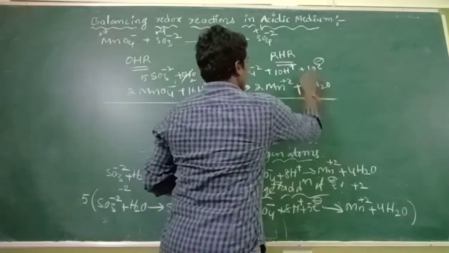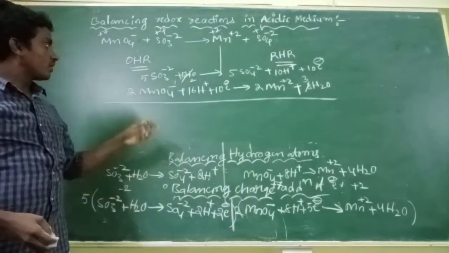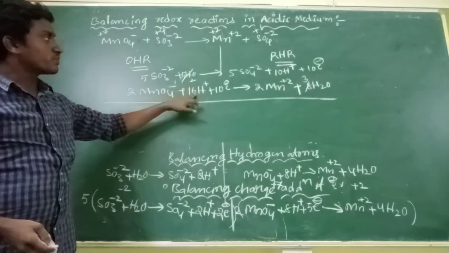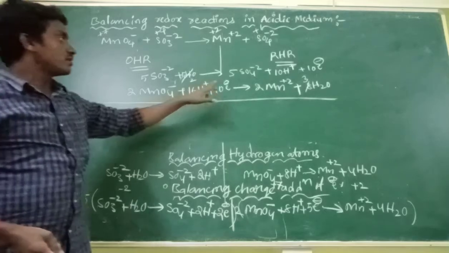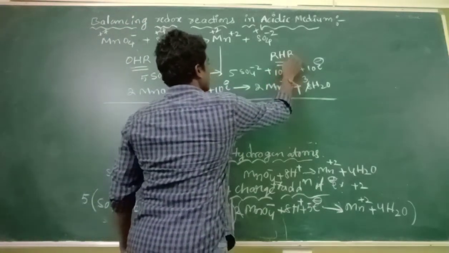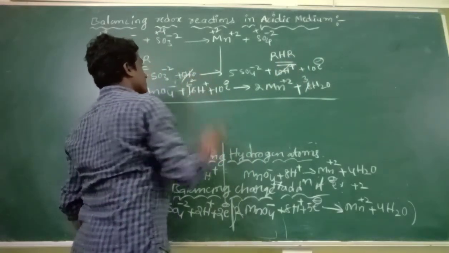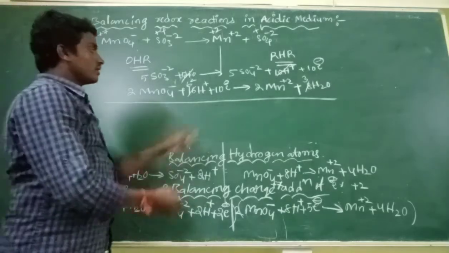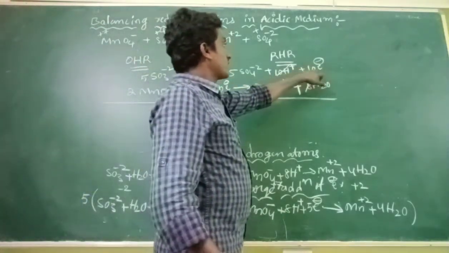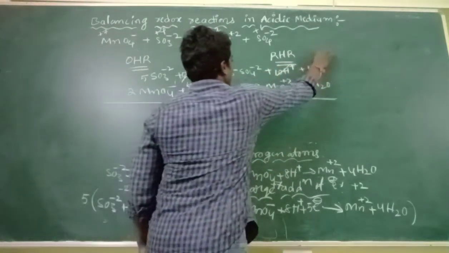From this, 5 cancel, remaining 3 water molecules. Next, on the left side there are 16 H plus ions and on the right side 10 H plus ions. So these 10 cancel and 6 H plus ions remain. Here the left side has 10 electrons and the right side has 10 electrons, so both cancel each other.